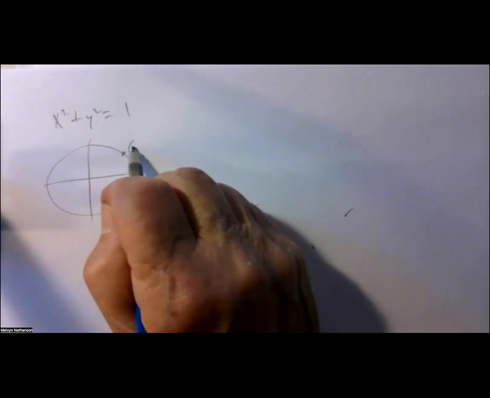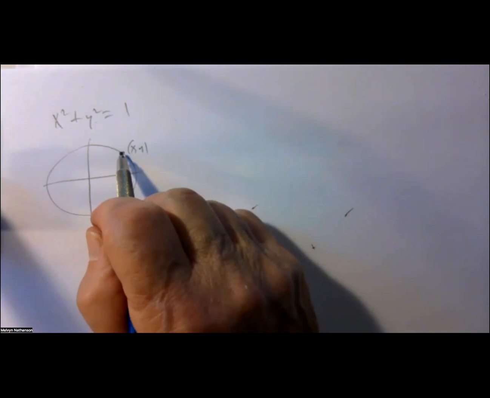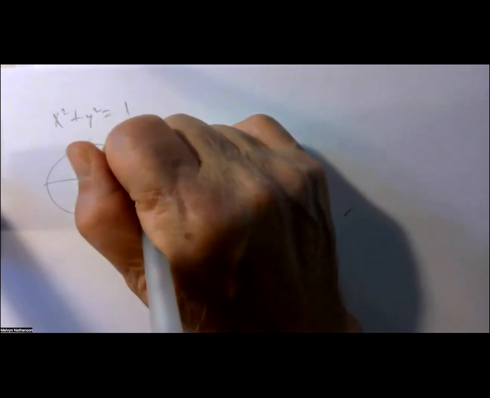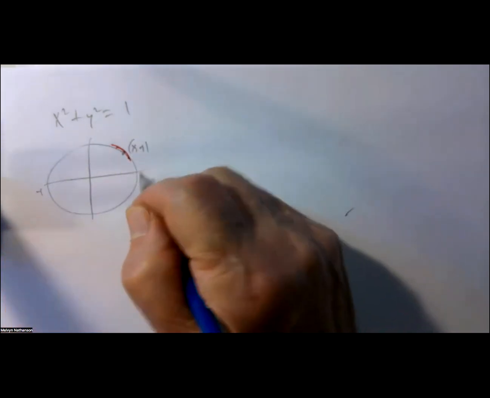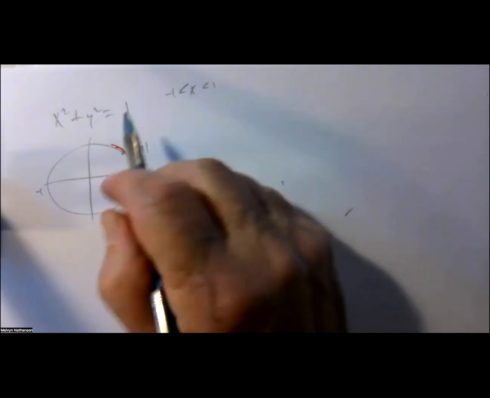If I take a point x, y on this circle, around that point, y is some function of x. So I take a point x, y, where x is strictly between minus 1 and plus 1.